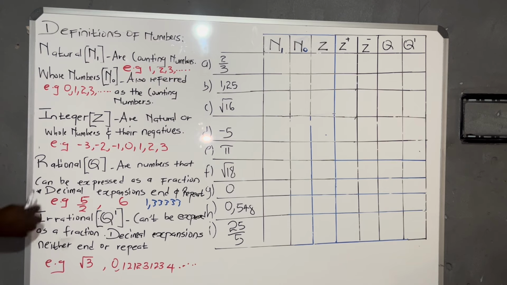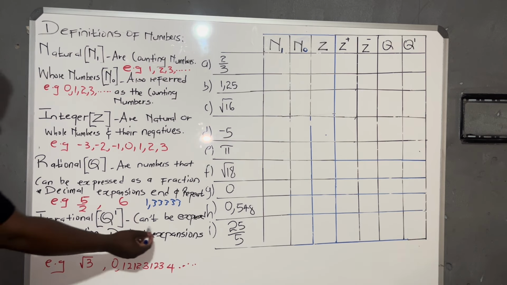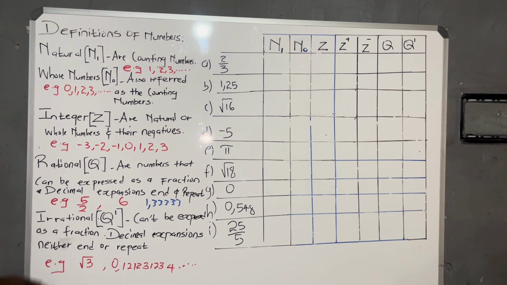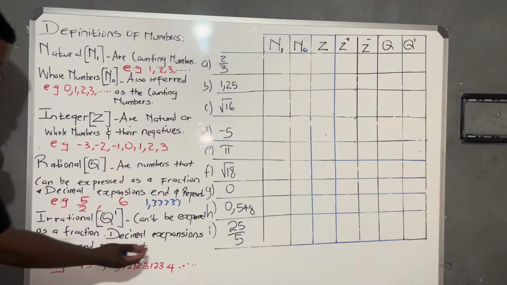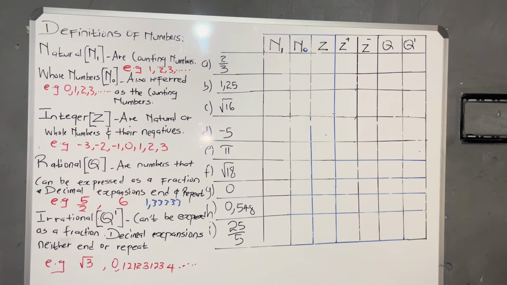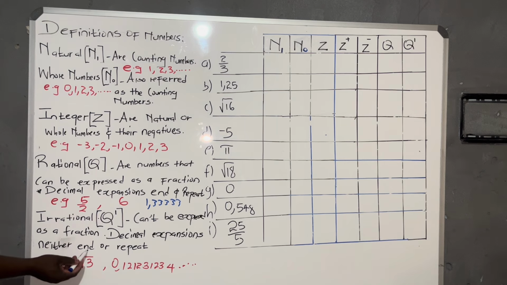However, when it comes to the irrational, it's the opposite of that. They say it cannot be expressed as a fraction. So if it is a decimal expansion, it doesn't end, yet it doesn't repeat either.